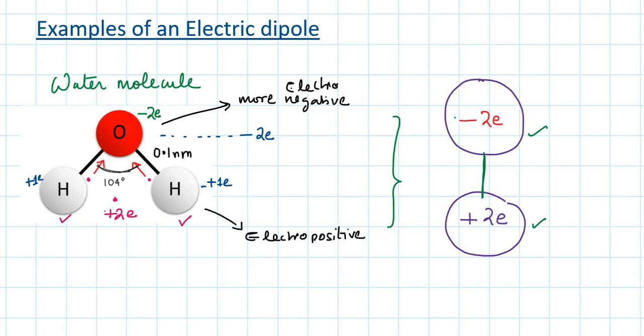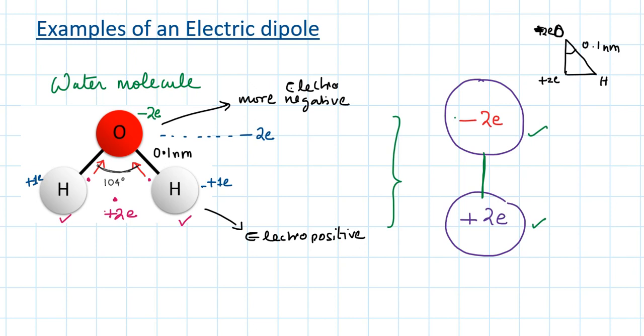So if the distance between O and one of the H is 0.1 nanometer, then by bisecting the angle 104, we see that the separation between the centers of charge, minus 2e and plus 2e, can be calculated using basic trigonometry.